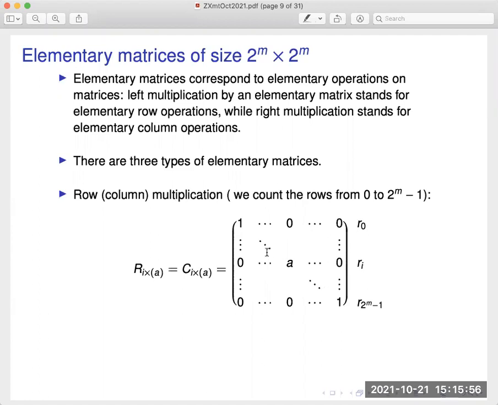If you multiply the ith row or column by A, starting from the identity matrix, then you get this matrix. This is the first type of elementary matrix, called row or column multiplication.